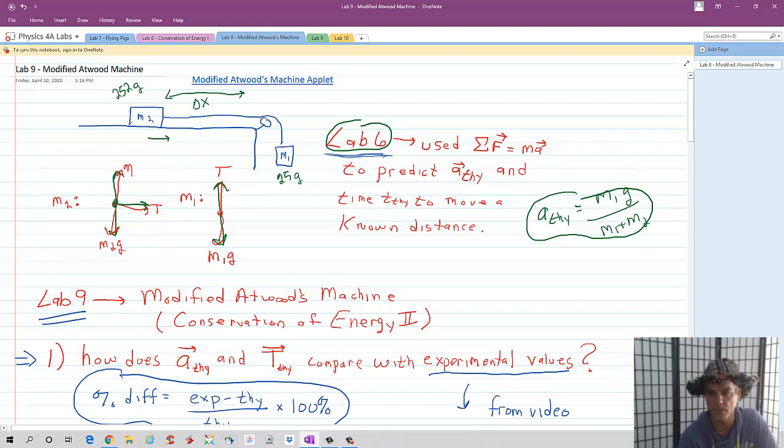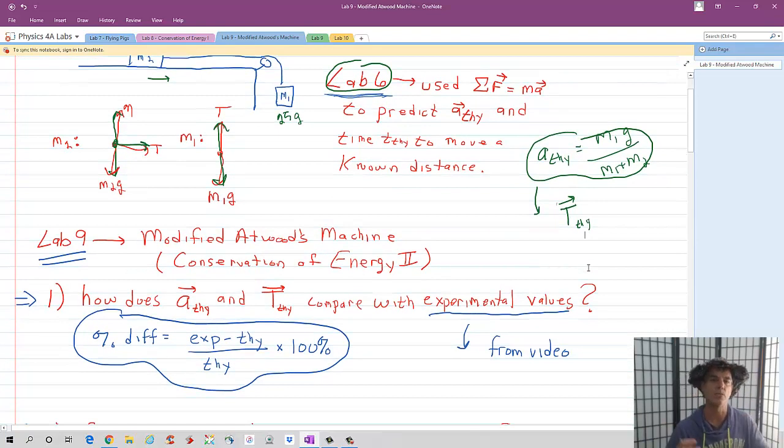Once you know the theoretical acceleration, you can use Newton's second law to figure out the theoretical tension. So the first part of this lab is using Newton's second law to calculate the theoretical tension and the theoretical acceleration, and both of these are going to be just in terms of M1, M2, and g.